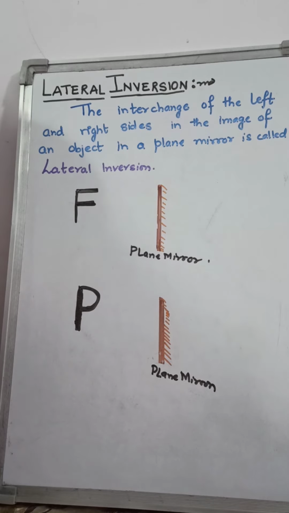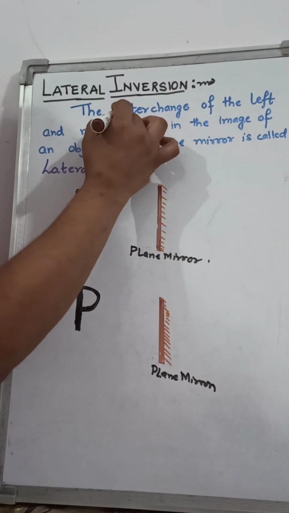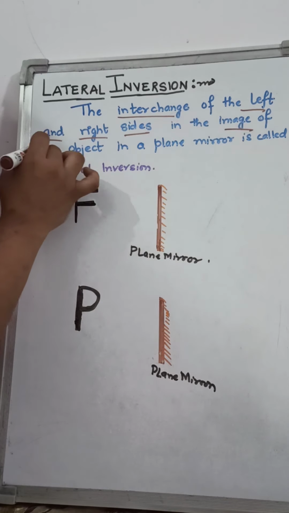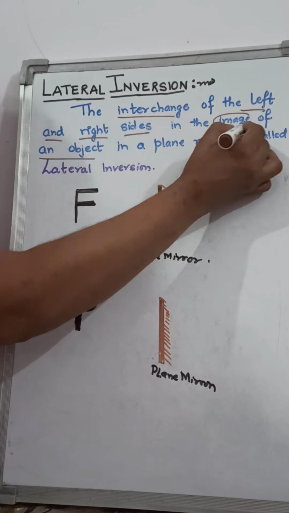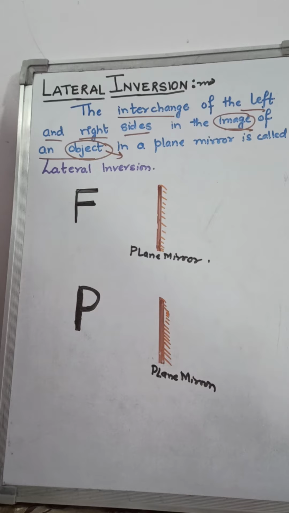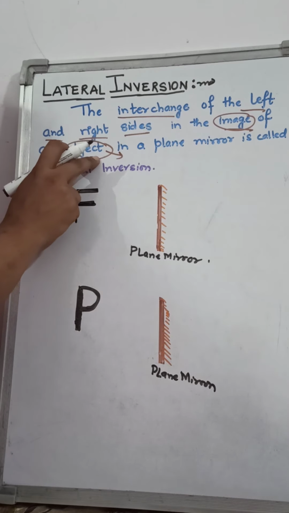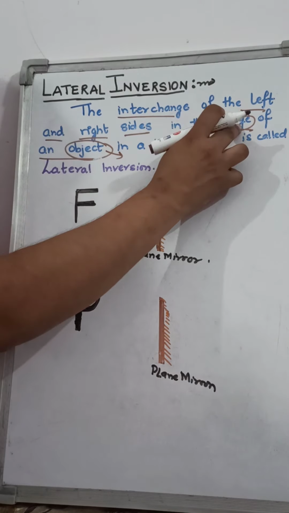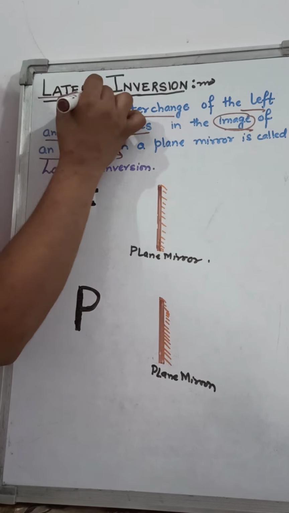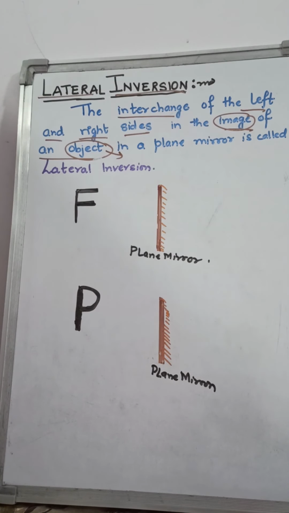So this interchange of left and right side in the image of an object, where the object is, suppose, a pen or a pocket or a ring, appearing on the right hand when it is on the left, when you see through the plane mirror, is called lateral inversion. Clear?